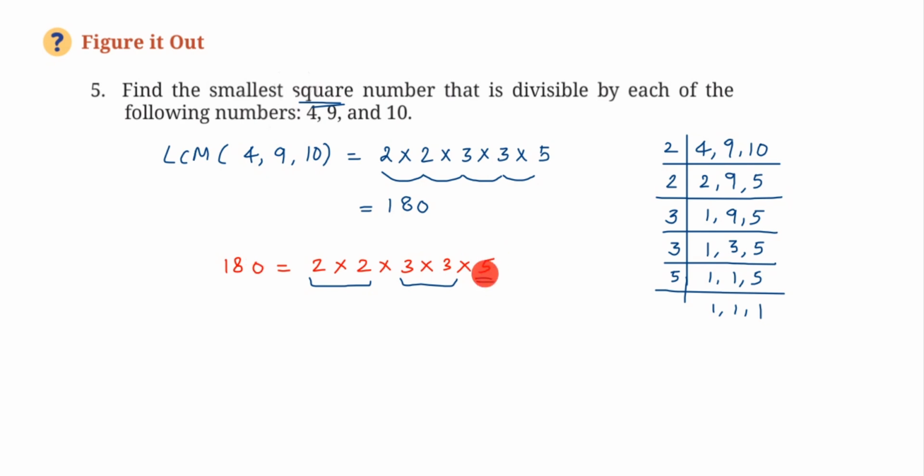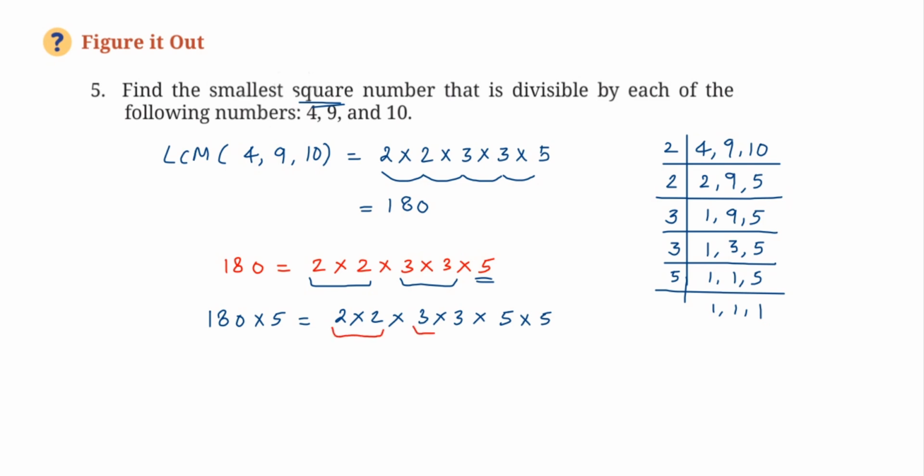So to find the number, what we will do is multiply both sides by 5. So we get 180 times 5, and on the right side 2 times 2, 3 times 3, 5 times 5. So here we are multiplying both sides by 5. Now we can see that on the right side we have one pair of 2, one pair of 3 and one pair of 5.